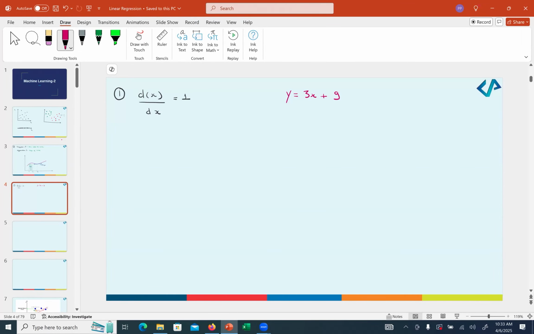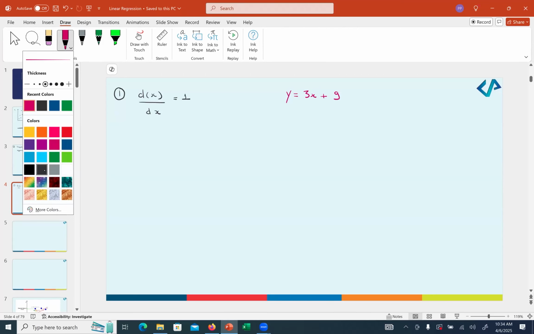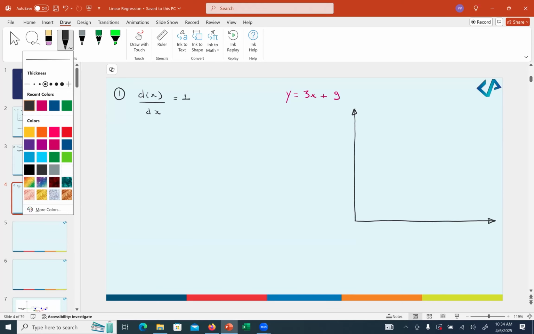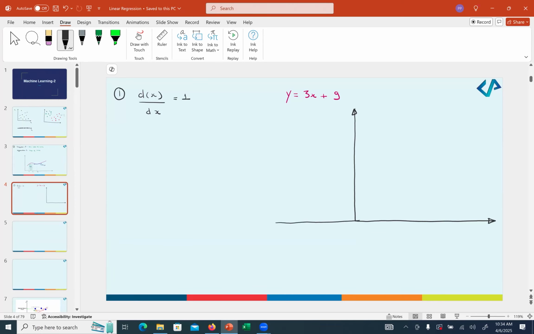And what is 9? Constant. Constant or intercept, right? So it is more or less like this. When x is equal to 0, y is equal to 9. I need to extend it on the other side.